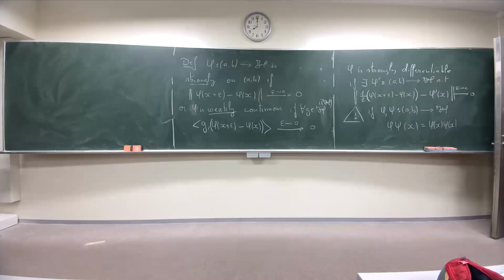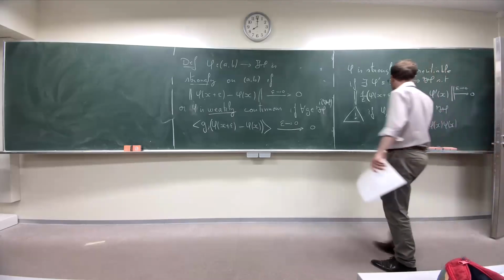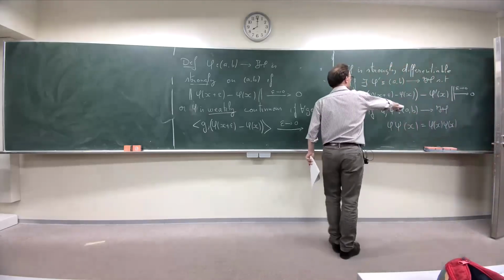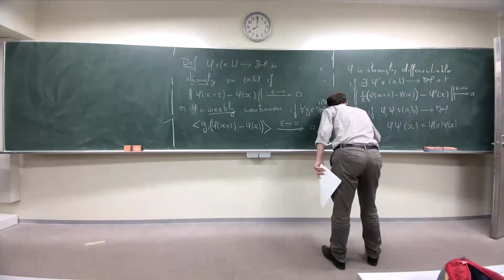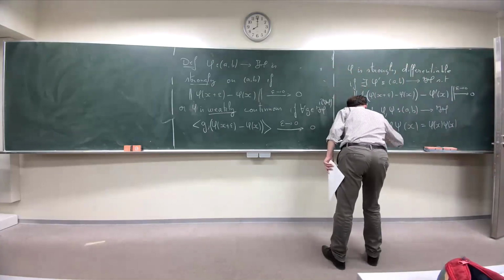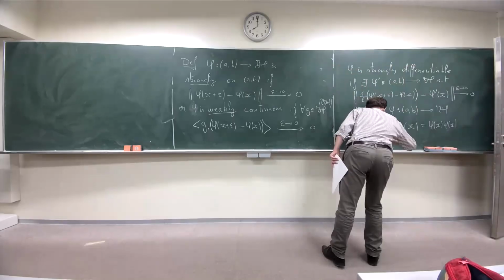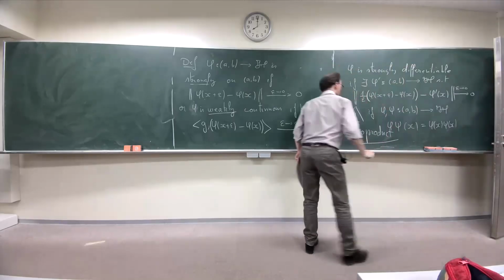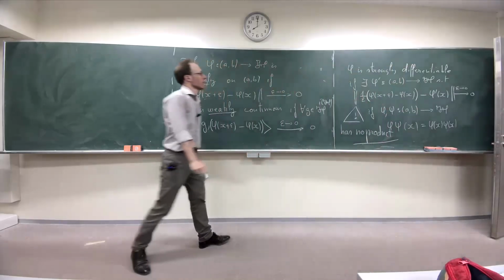No, you can take a scalar product, but it doesn't give you an element of H. It just gives you a number. So this is not well defined. So be careful. Functions from AB to H have no product. So it's not an algebra. Just be careful about this.